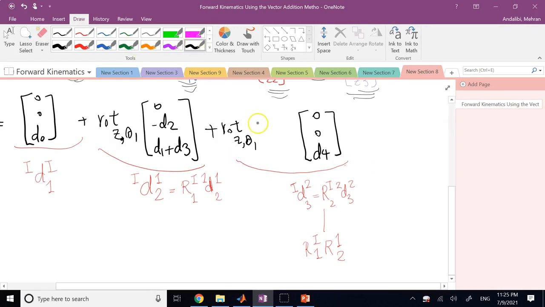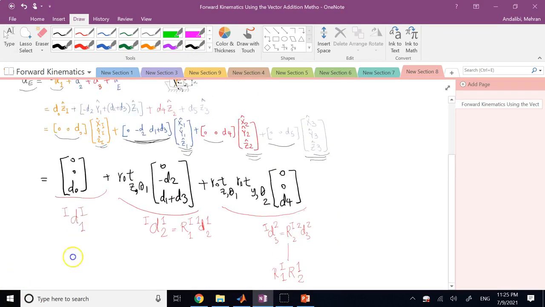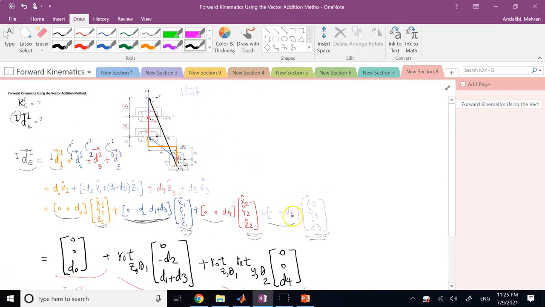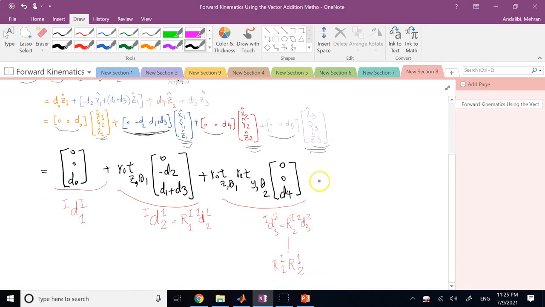I need to multiply it by a rotation of y and angle theta 2. And finally, this last one, which is r of e with respect to 3, that is written in 3, if I can convert it back to I, then I have everything that I need. So I need to multiply it by a rotation matrix, which is 3 with respect to I, and then, as I said, multiply it by this 0, 0, d5.